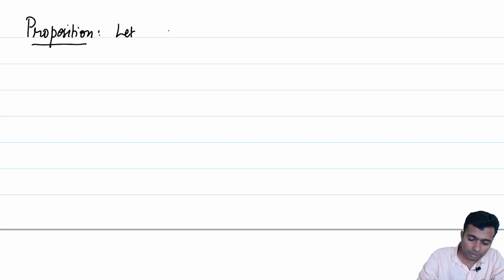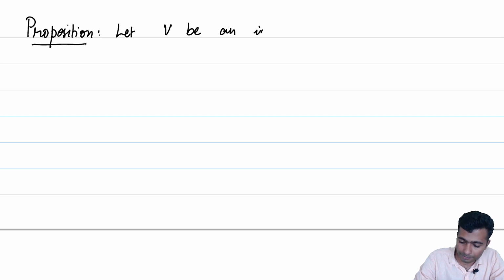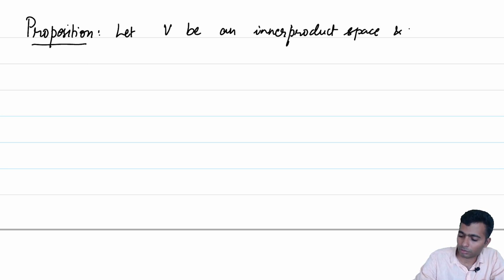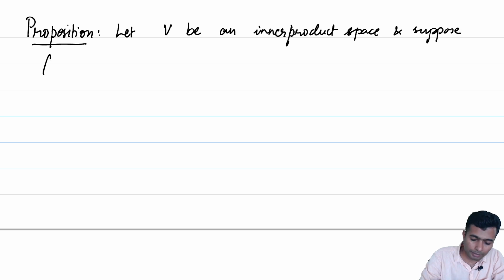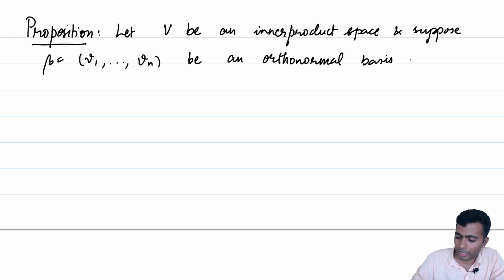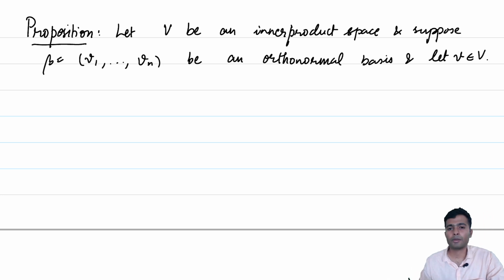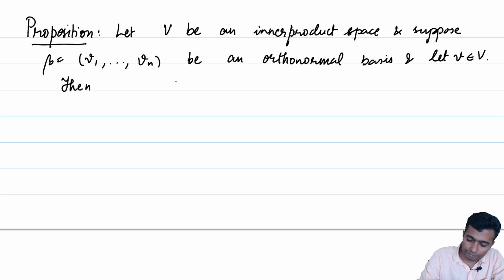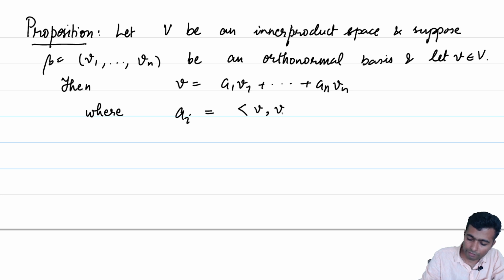So, let V be an inner product space and suppose beta equal to V1 to Vn is an orthonormal basis, and let V be a vector in capital V. Then V is equal to A1 V1 plus up to An Vn, where Ai is just the inner product of V with Vi.